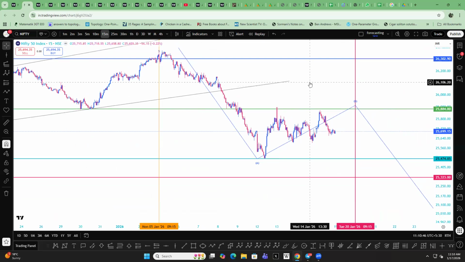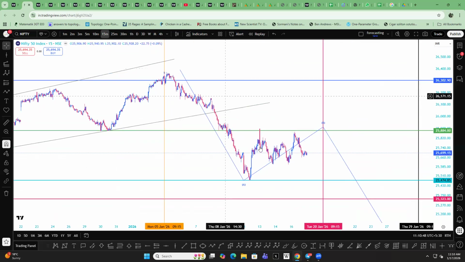Let me show you. Triangle comes in wave B also.